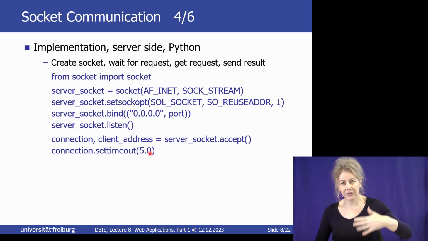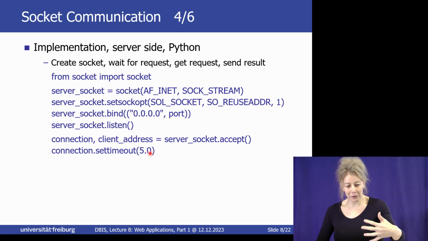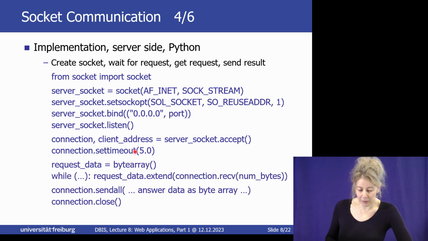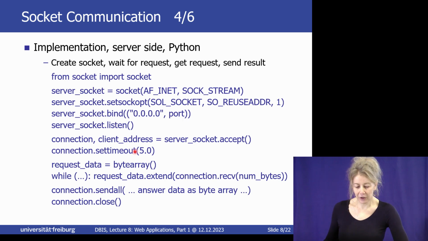We will just do it single-threaded, one after the other, which means if someone is not talking to you, we have to somehow cancel this after some time. Otherwise, your whole server does not go on. Somebody calls you, doesn't say anything, and then nobody can talk to you anymore. We will see that in a second.